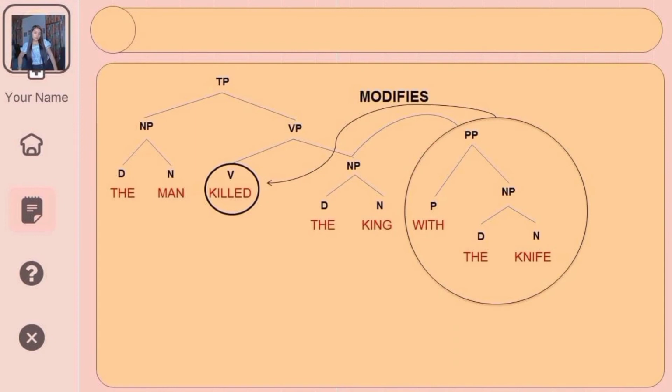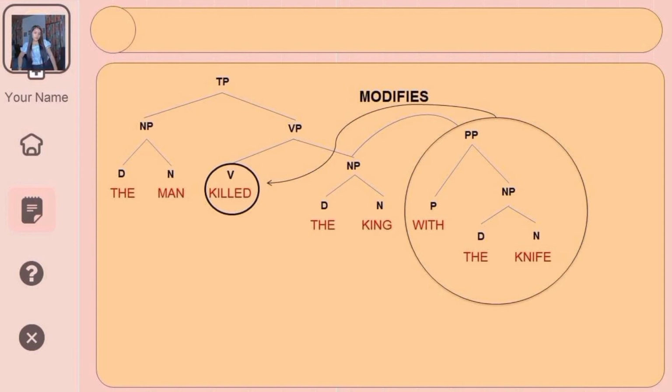So next, in the sentence, the man killed the king with the knife, the prepositional phrase with the knife modifies killed. So the structure will look like this. With the knife describes how the man killed the king, which modifies the verb killed. So it is attached under the verb phrase.